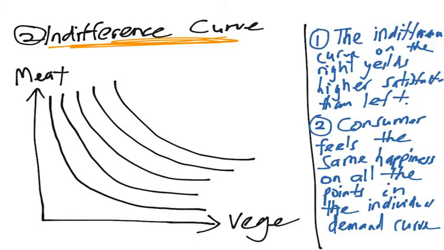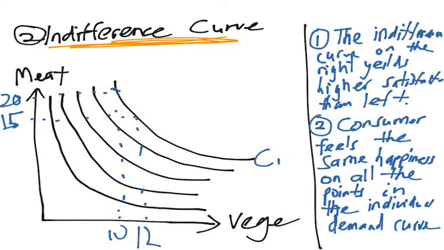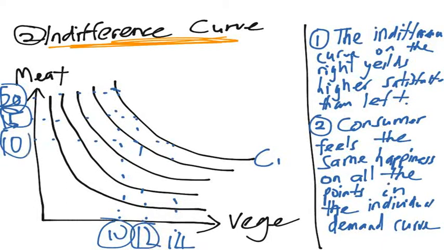I will give you an example. Let's say we talk about this curve, curve 1. On curve 1, the consumer can consume, let's say, this much meat and this much veggie. Let's say it's 20 and 10. The consumer can also consume 15 meat and 12 veggie, or 10 meat and 14 veggie.